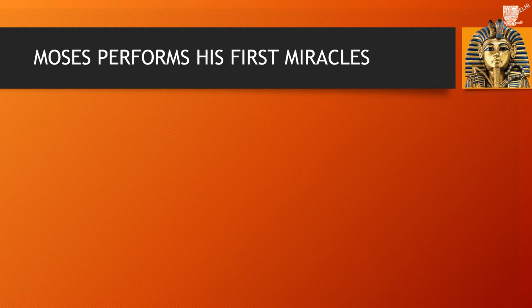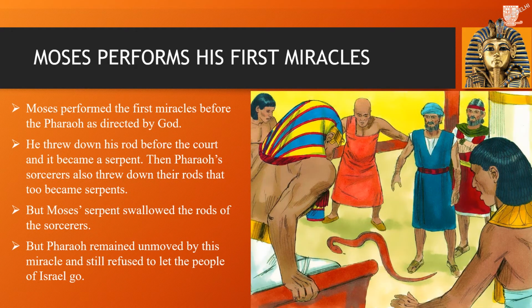Moses tried telling Pharaoh why he should not resent God and God's orders. So he performed his first miracle before the Pharaoh, just as directed by God. He threw down his rod before the court, and it became a serpent. Okay, it became a snake.